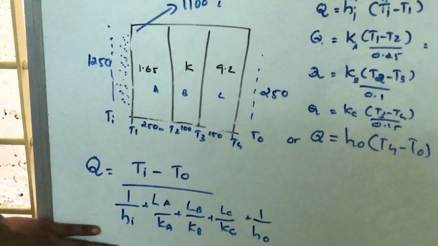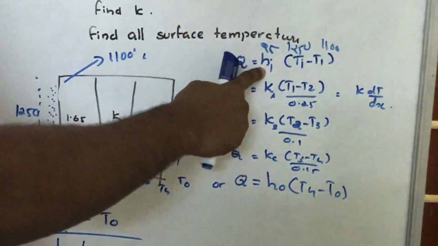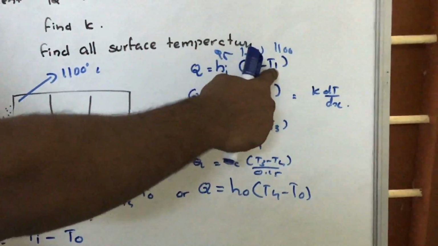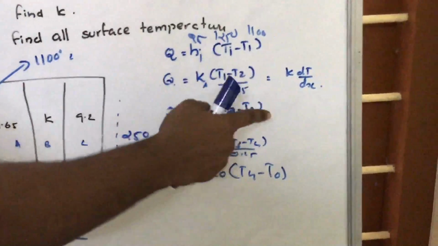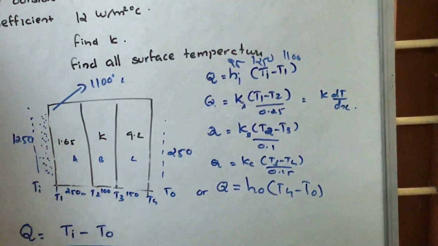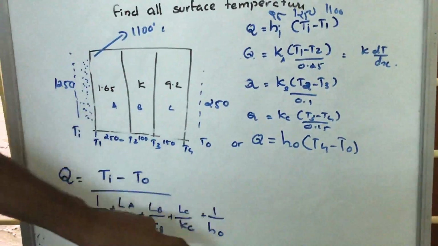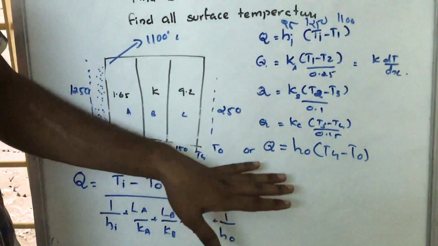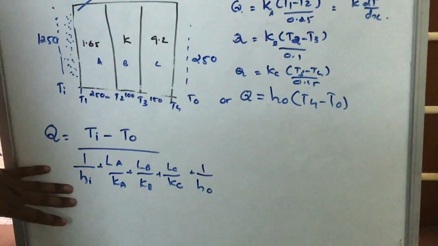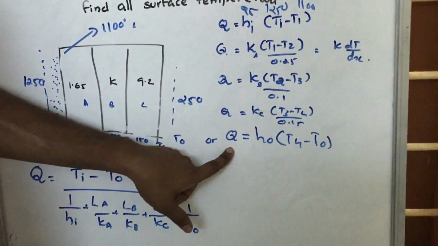We can get Q from this equation. Then here Q is given, Hi is given, so maybe T1 is not given, so we can find T1. If we have T1, we can substitute and find T2, then T3, T4. So all temperatures can be found by using each of these equations. Suppose that Q is found out by this equation, that Q can be substituted here.